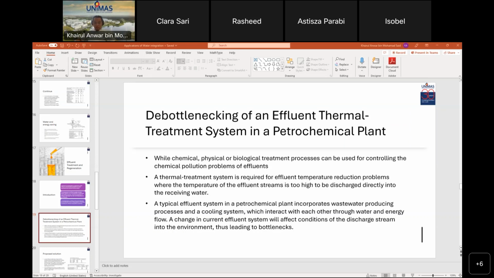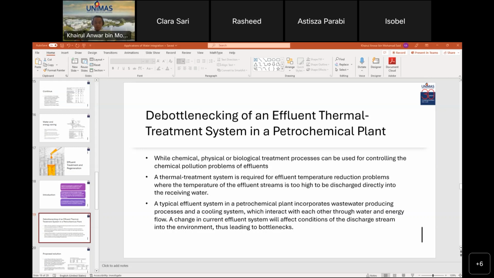So consider some of the possible changes to an existing effluent system. For example, a new wastewater stream might be introduced into an existing problem. This is just a case study of how it happens. Or the heat duty of the wastewater stream changes or process change might change the operating condition.